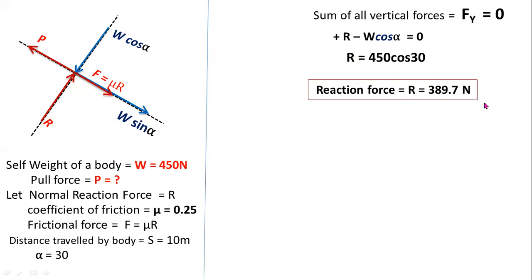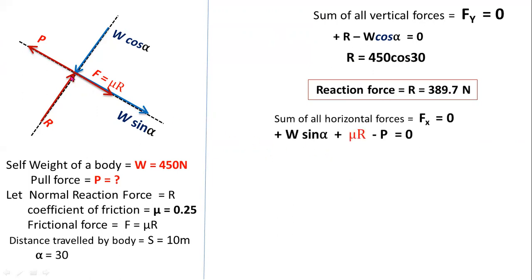After getting the reaction force, you have to determine the value of the force required, P. For determining the value of P, you have to resolve all the forces along the inclined plane. These three are the forces. For right side direction, consider positive sign; for left side direction, negative sign.